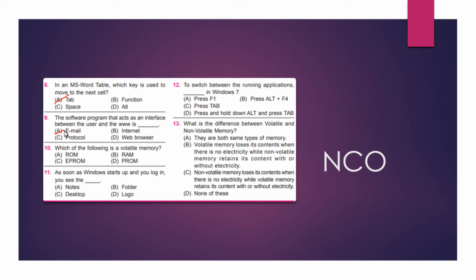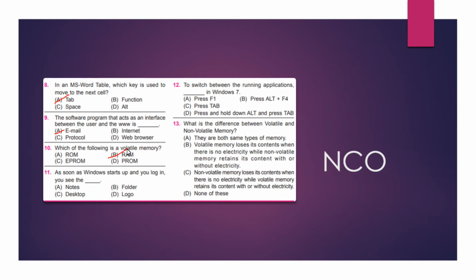Which of the following is a volatile memory? You should know what volatile memory is, otherwise you won't be able to guess the answer. Answer is B. So let's learn what a volatile memory is. It's a type of storage where contents are erased when the system's power is turned off or interrupted.